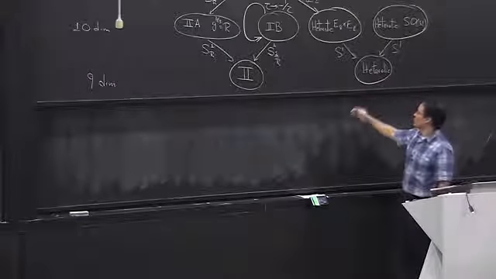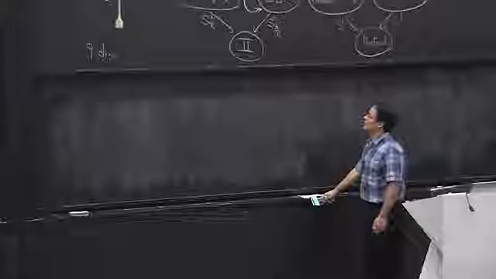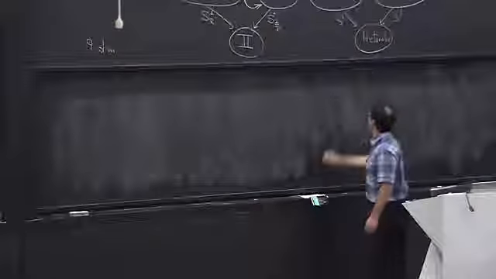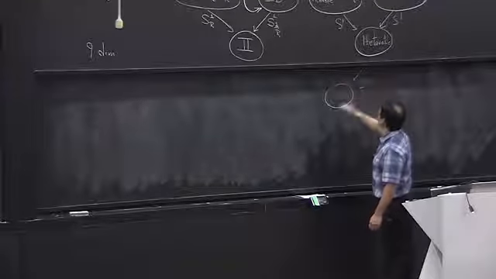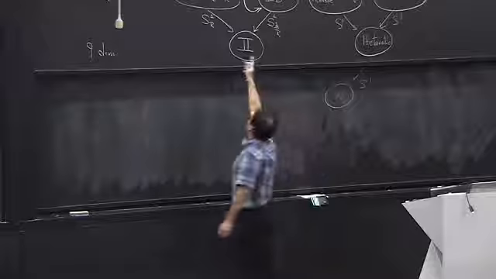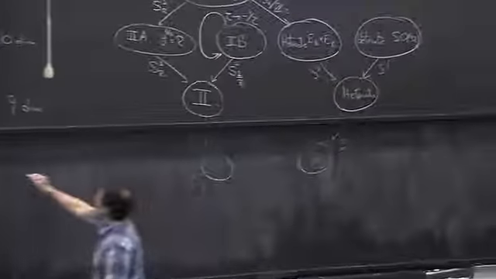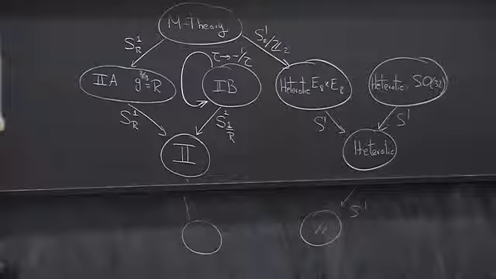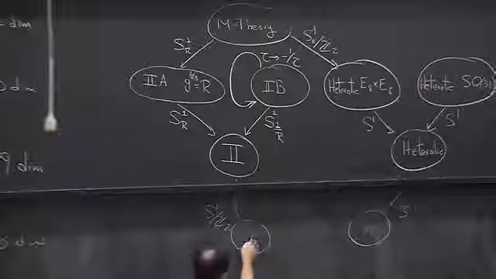Now, through the chain of arguments, this theory will go down. Maybe we can just draw it, something like this. So this theory will go down to something on another circle. And this theory will go down in 8 dimensions on an interval to something.